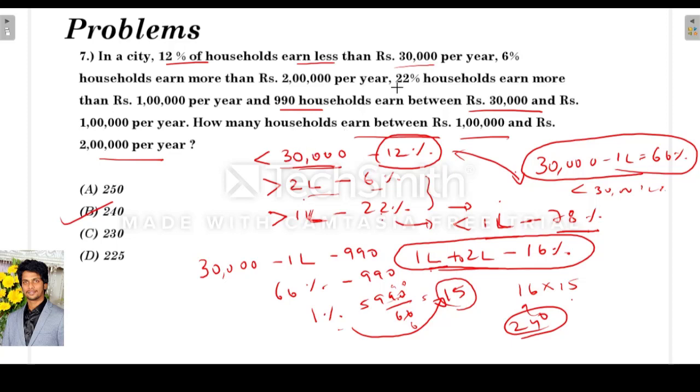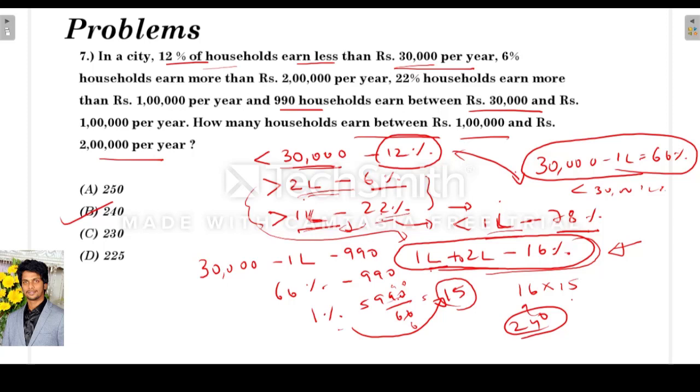See, I will explain again. They told 12% households earn less than 30,000. And 6% households earn more than 2 lakhs. And 22% households earn more than 1 lakh. So from this, if 22% earns more than 1 lakh means 78% earns less than 1 lakh. And also from these two, we can say that between 1 lakh and 2 lakh, 16%.